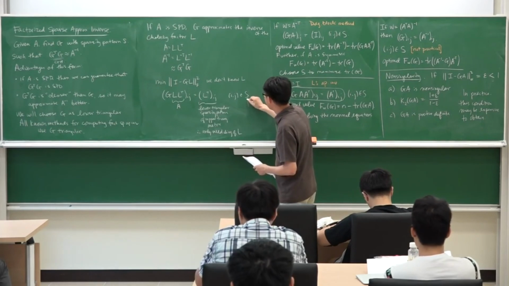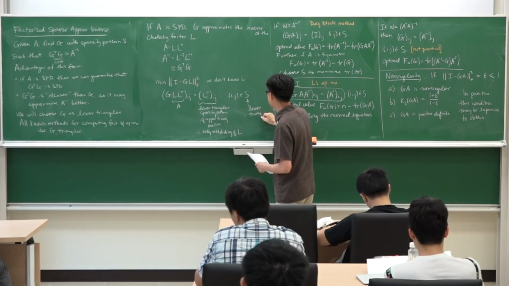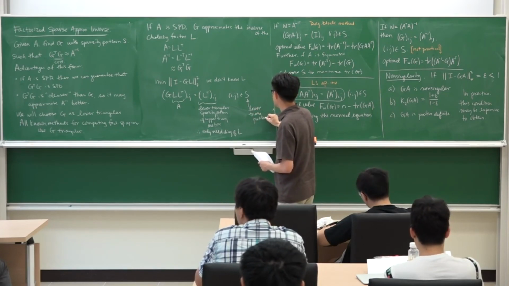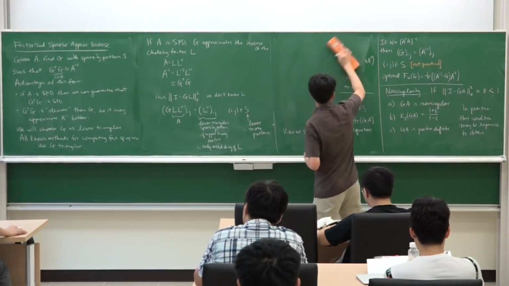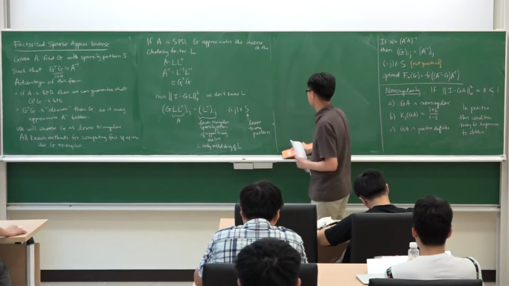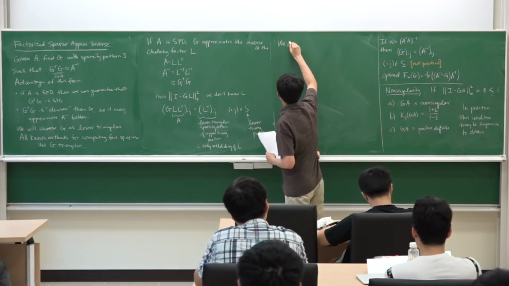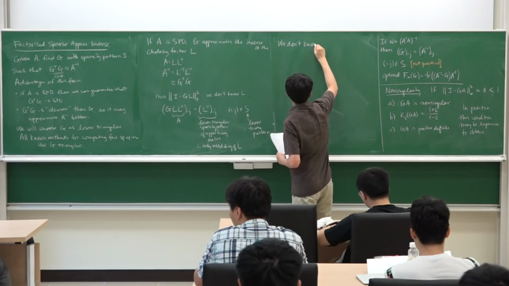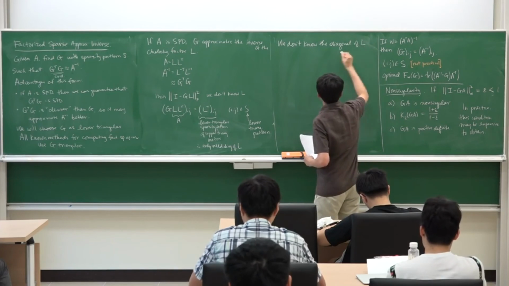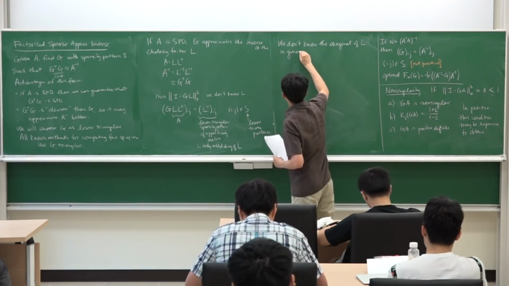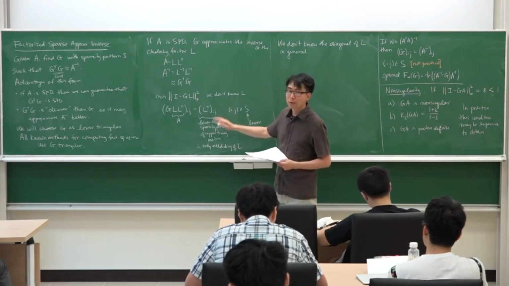In particular, let's note, this is a lower triangular pattern. So we can't really solve this problem because we don't know the diagonal of L.